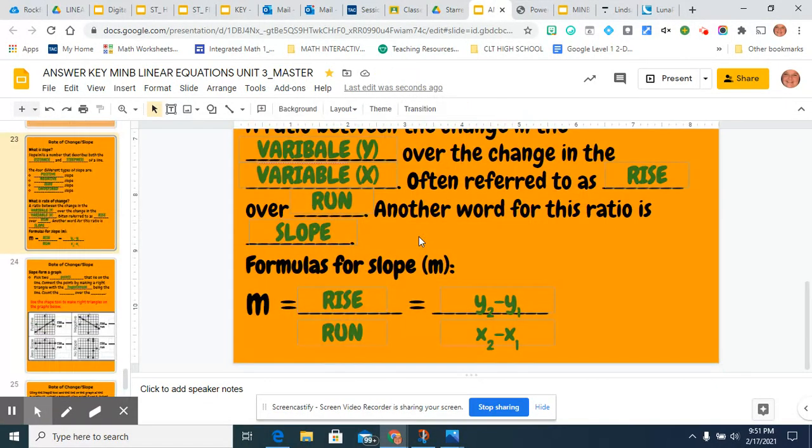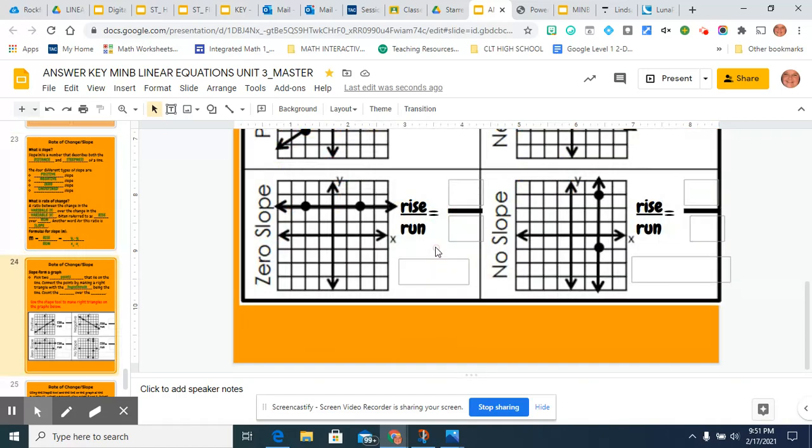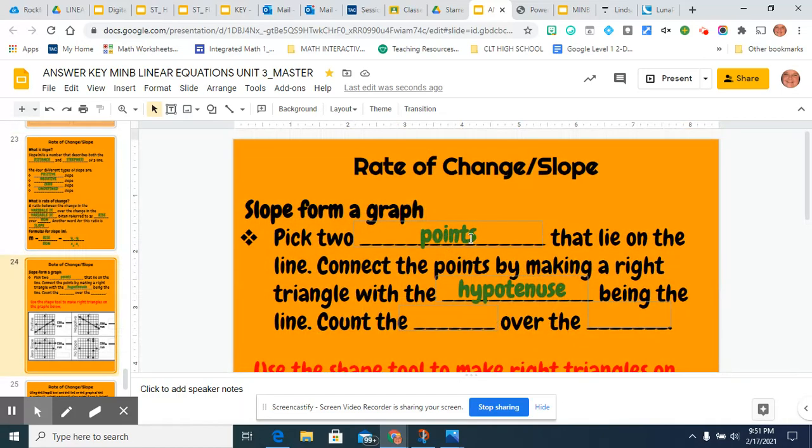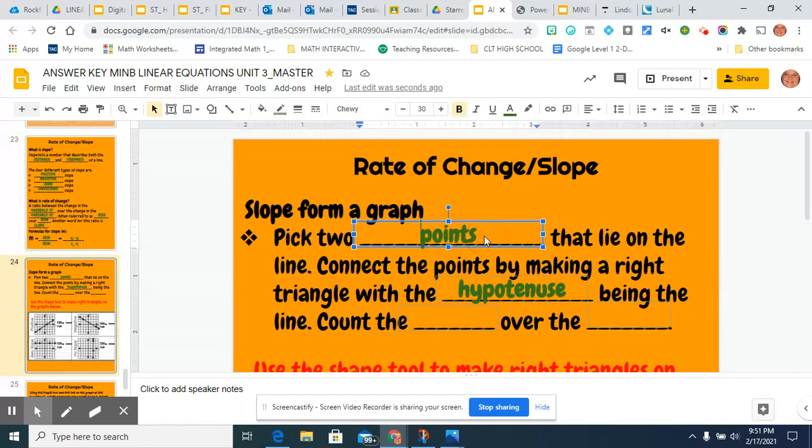And actually, I'm going to be a little bit more specific with the word points. Instead of just points, we're going to call them ordered pairs. And an ordered pair is just another name for a coordinate pair.